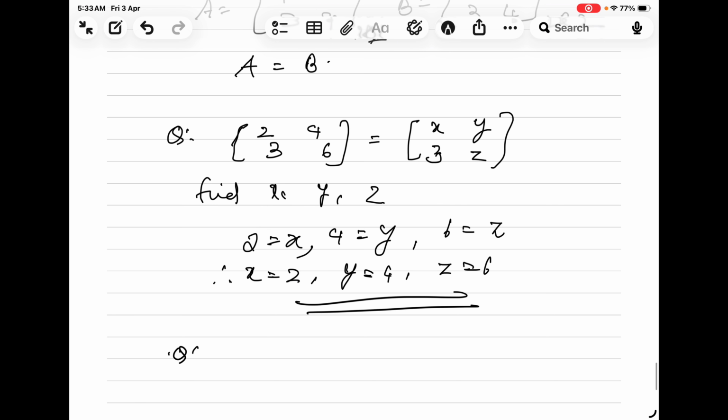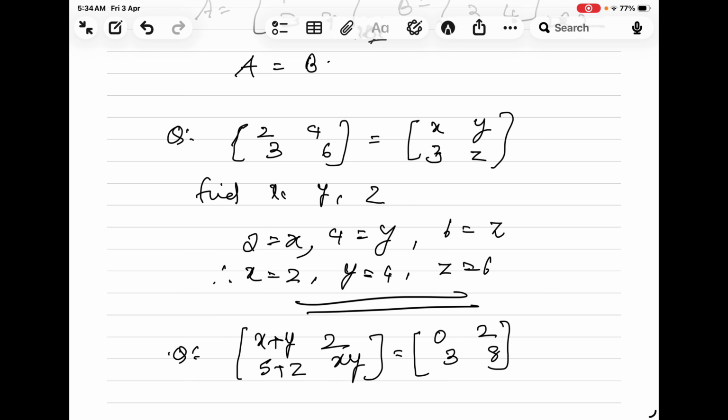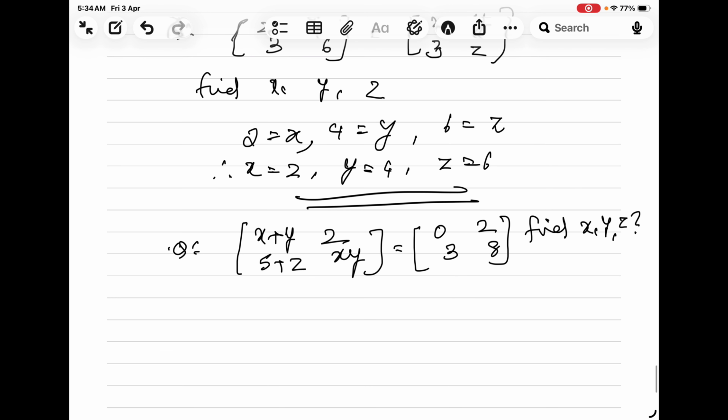Another question is matrix X plus Y, 2, 5 plus Z, XY equal to matrix 0 2 3 8. Find X, Y, Z. Here we can compare the values.